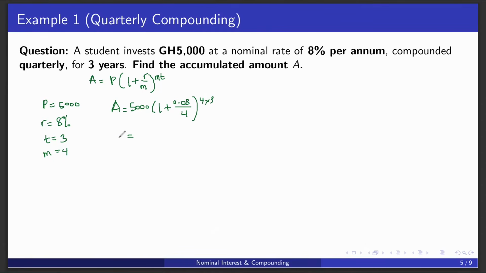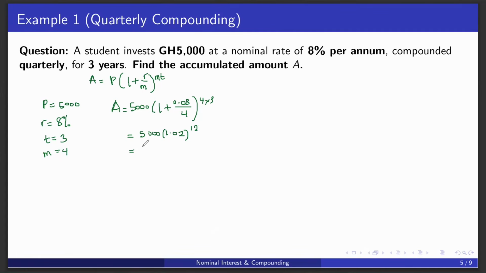So we simplify to get 5,000 times (1 plus 0.08 divided by 4), which gives me 1.02. So I have here 1.02 raised to the power 12.